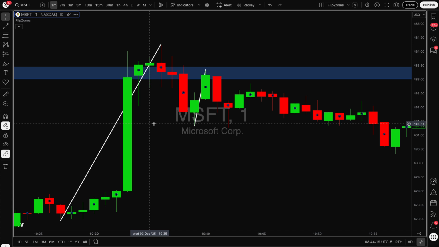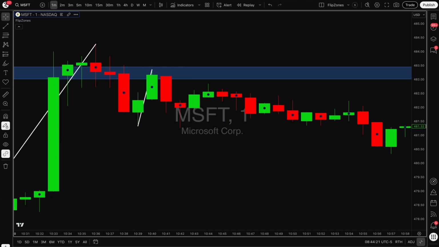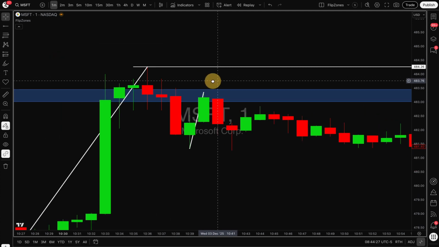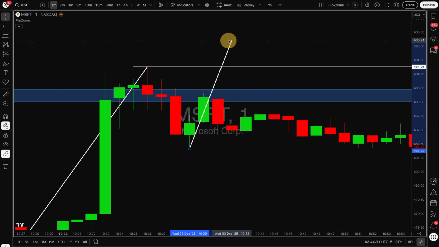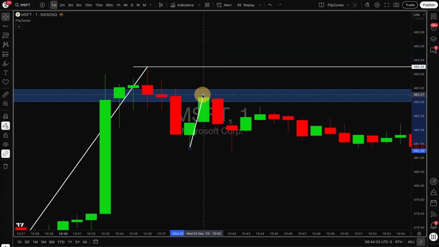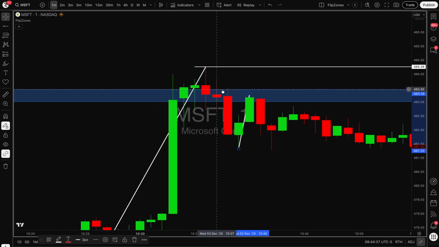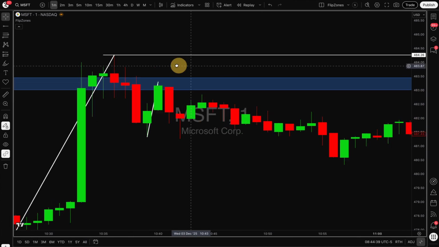But they fail, because they did not break above this short-term high. They would have been successful if they had broken above that high, but they couldn't. The sellers were too strong. The zone was too strong to be broken higher.